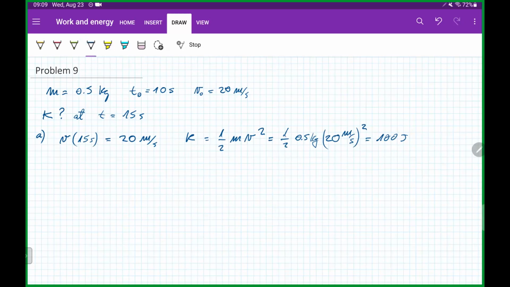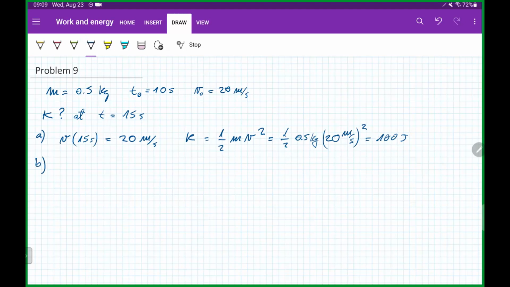Velocity is not changing at all, and for B, it says it moves with acceleration of 3 meters per second squared. Right. So for B, we don't really care how the position is changing, because it's asking about the kinetic energy.